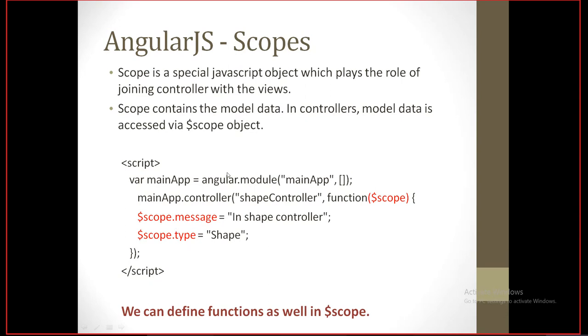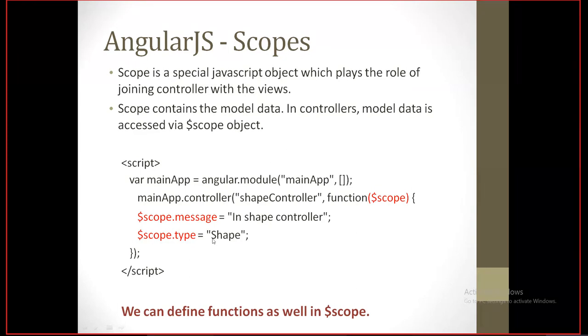So here below also we can see an example. We have a controller which is defined for the main app application module, and the name of the controller is obviously shape controller, for example, and we are accessing message data and type data using the scope object.